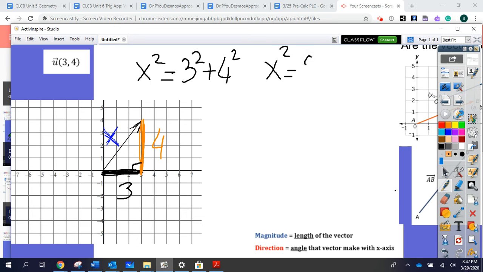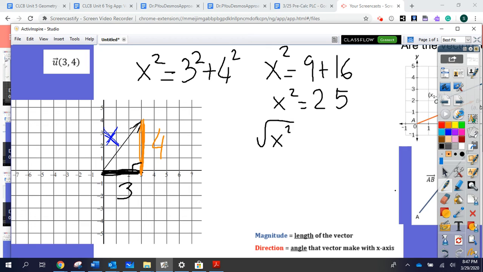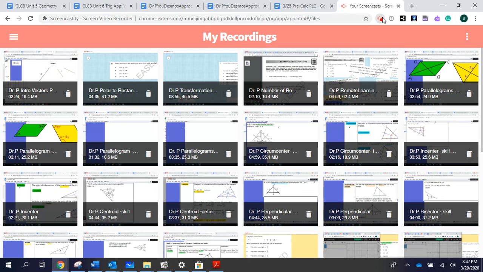So x squared equals 9 plus 16. x squared is 25. To find x, you remember that you apply the square root. So x is 5. So the magnitude of our vector is 5.